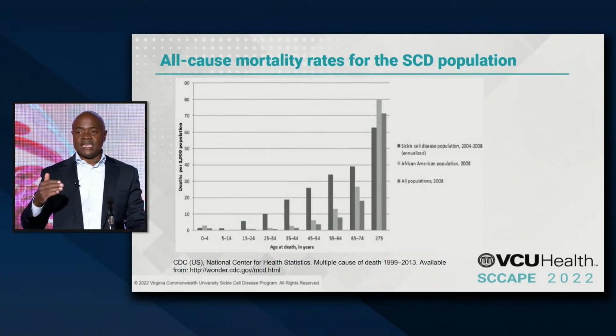And so you can see the increased mortality rate in sickle cell disease compared to the general population and compared to the African American population. And that mortality rate from the beginning is just so much higher in sickle cell disease.